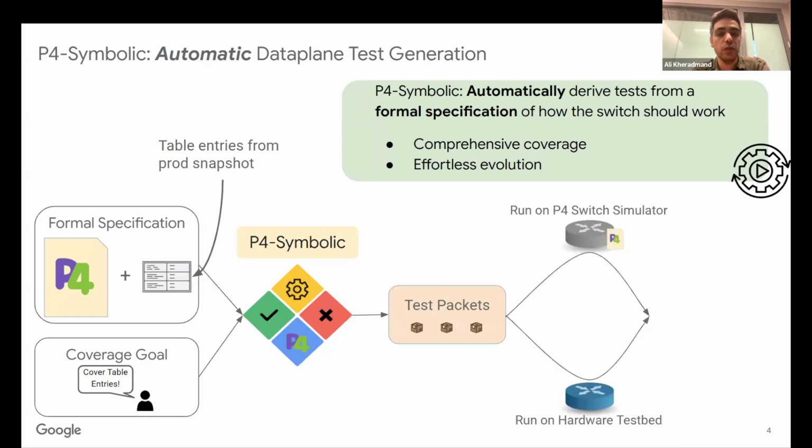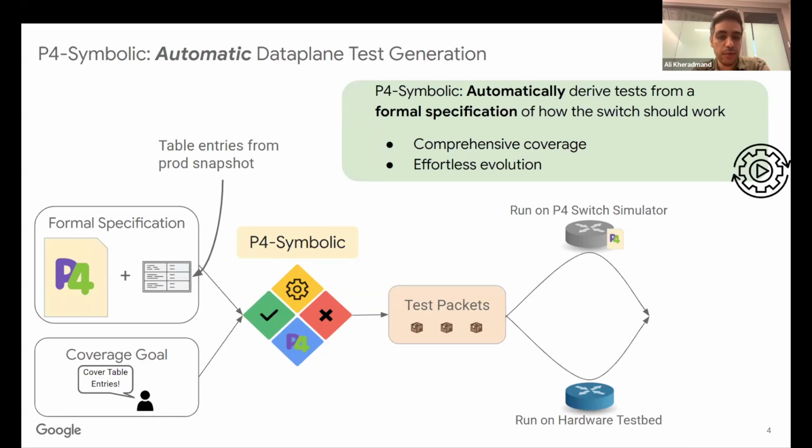First, we take those generated test packets and also the table entries from the snapshot, and we install the table entries on an actual hardware testbed. And we inject the test packets and collect the results.